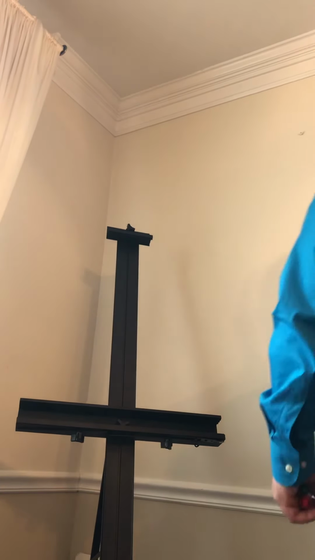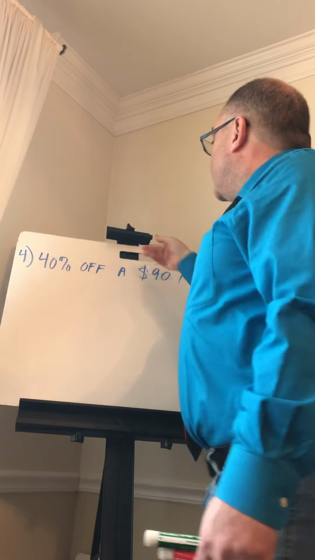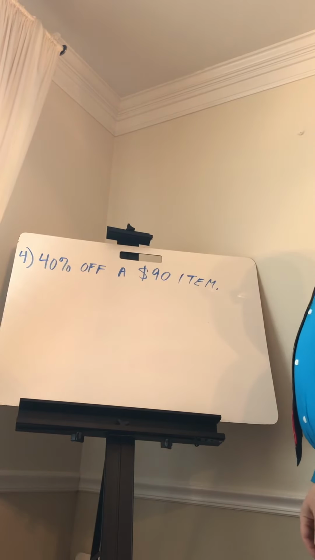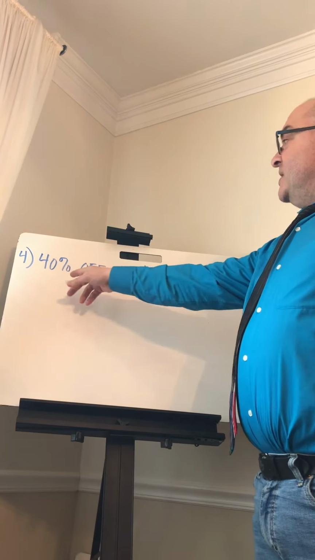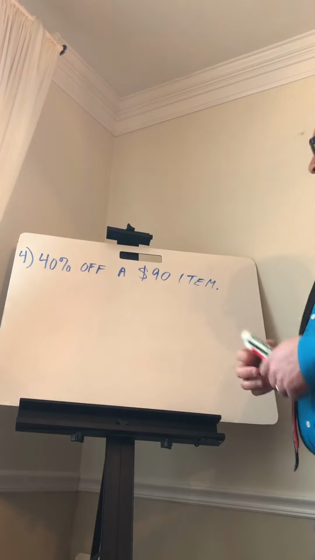Okay. Adriana, you want to show people if you can get this answer before I can? What answer? This answer. All right. 40% off a $90 item. Well, all right, so what are you paying? 40% off means you're paying 60%, right?